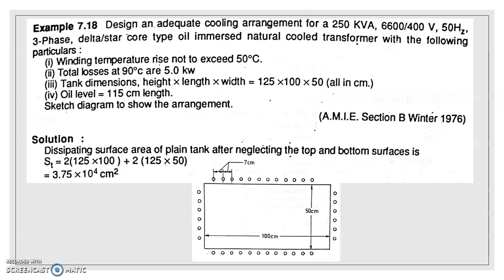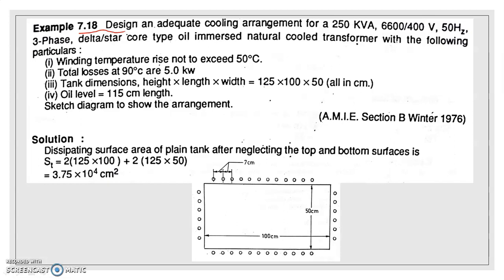Let's take an example, so you will get a clear idea about the design of the tank and tubes. First read the example carefully: design an adequate cooling arrangement for a 250 kVA, 6600 by 400 volt, 50 Hz, 3-phase, delta-star, core type, oil immersed natural cooled transformer with the following particulars.